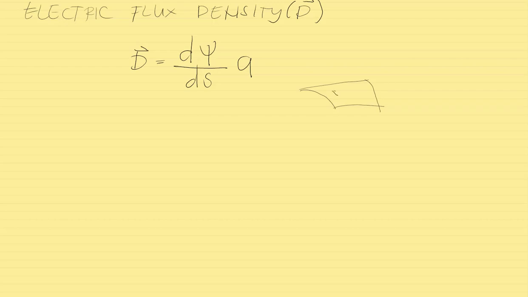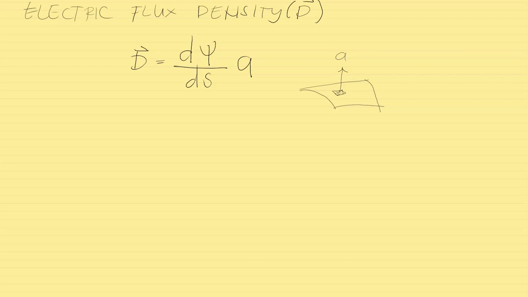Then you get here a very small differential area, ds. Then the direction will be perpendicular. This will be A. The direction of the electric flux density is the same direction as that surface area.